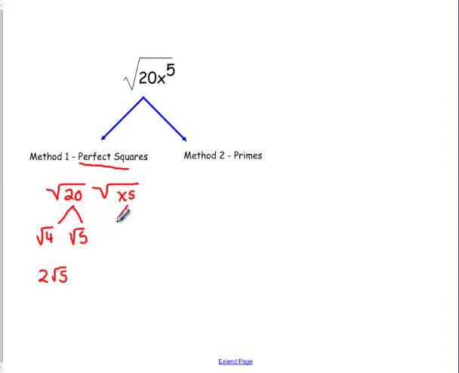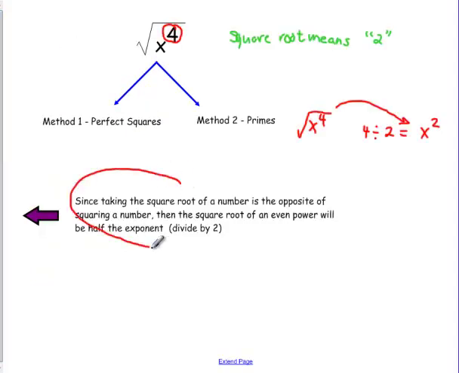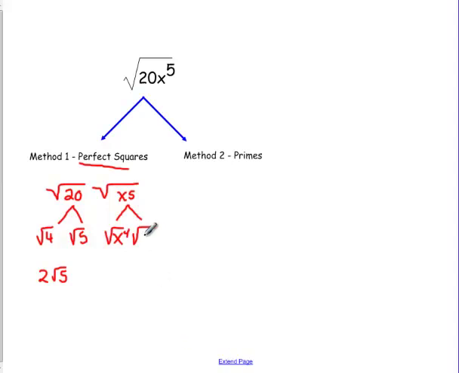And now, what's a perfect square that goes into x to the 5th? Well, x to the 4th. That goes back to that little slide I just told you to write right here. An even power will always be a perfect square. So x to the 4th and x.